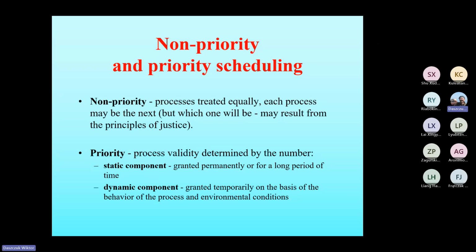When allocating a resource to a process, the operating system looks at this number and compares those numbers. Who has a higher number or lower? It depends on the system. In some systems, a higher number is greater priority. In some systems, a lower number is higher priority. It looks at priority and allocates according to priorities.